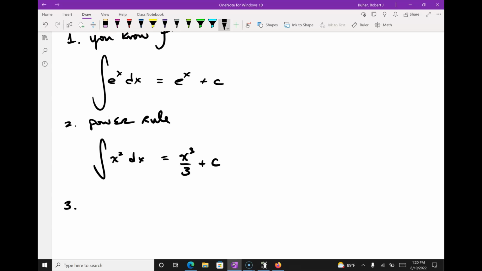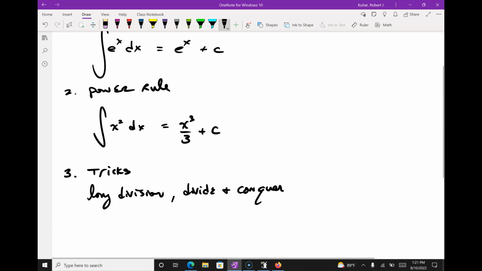Level 3, we had a couple of tricks that we're going to see come into play more often, but you've definitely seen multiply by 1. You haven't seen add 0. Oh yeah, we did that. We did long division, right? So what did I say? Long division, divide and conquer, add 0, multiply by 1.